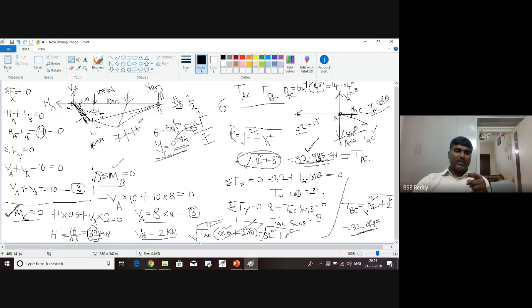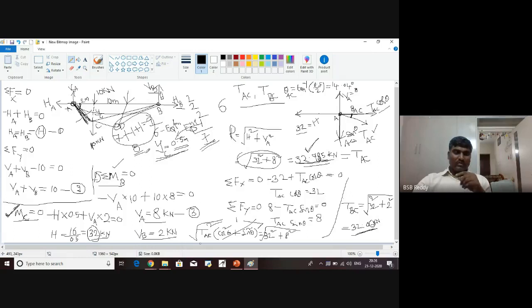Plus one geometry increased. So how many unknowns? Total 9. So if there are 2 point loads, you will have 9 unknowns. If you have 1 point load, you will have 7 unknowns. So how many equations can you write? A, B, C, D joints, so 4 times 2, 8 equilibrium equations are available.